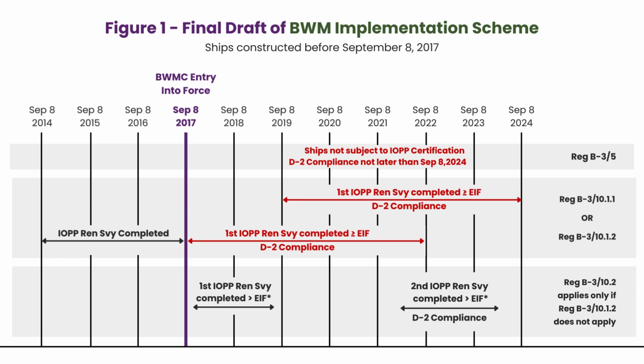The existing ships need to be retrofitted, made operational, certified by the class, and it has to be used. So let us look into the ballast water management requirement as per D2.